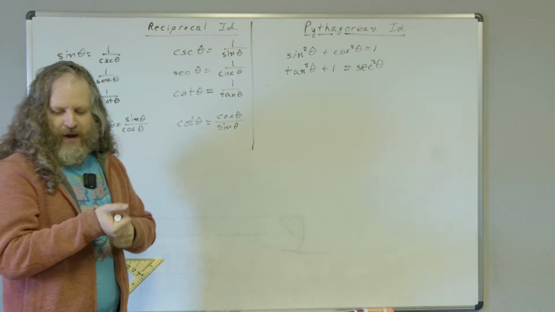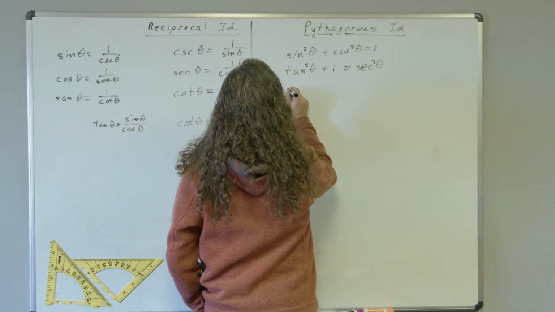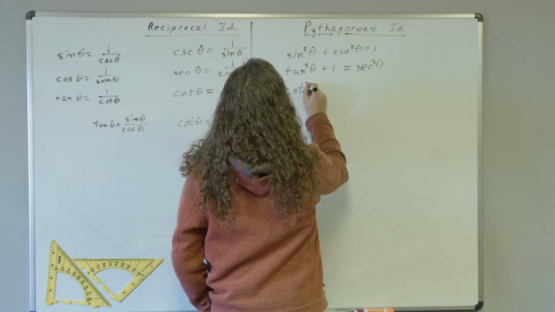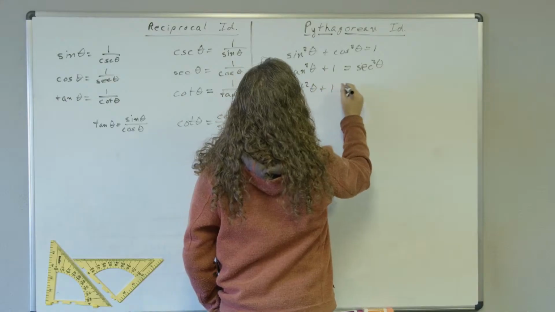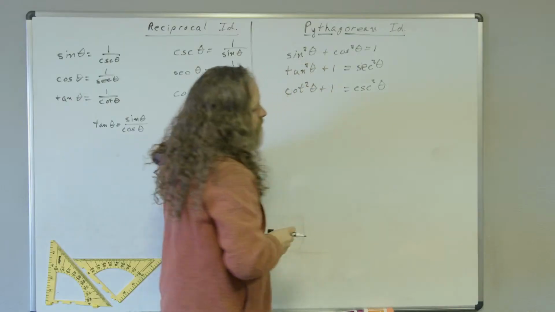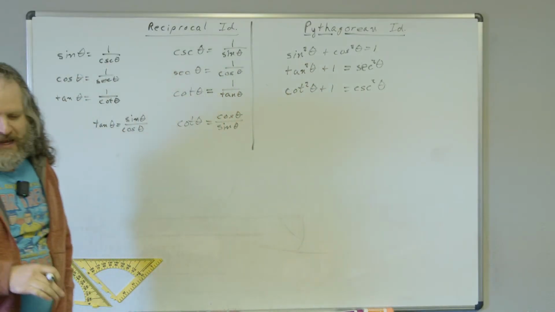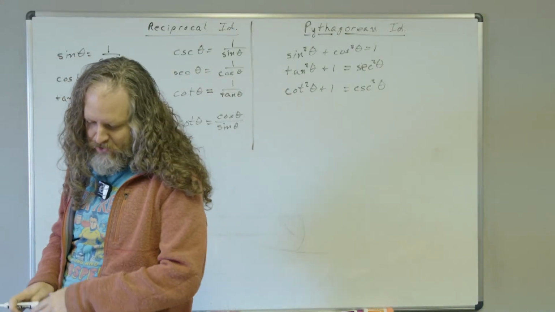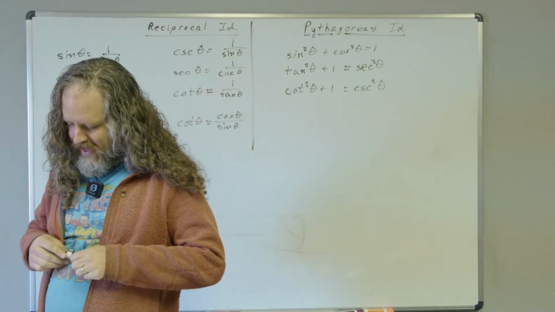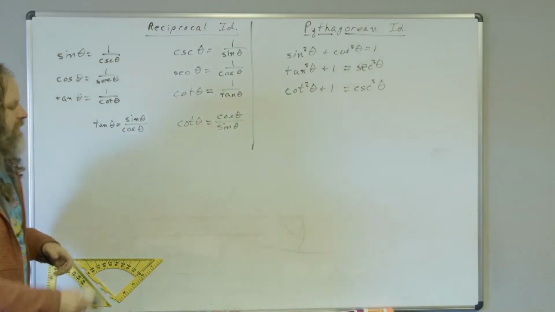And then the final one has cosecant by itself. Cotangent squared theta plus 1 equals the cosecant squared theta. And those are the Pythagorean identities. Let's do an example that would need Pythagorean identities.